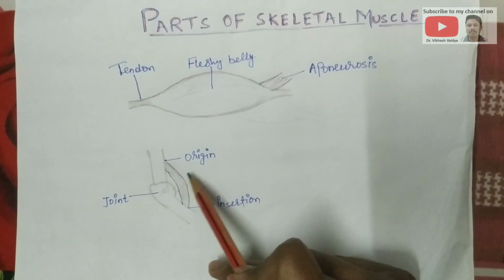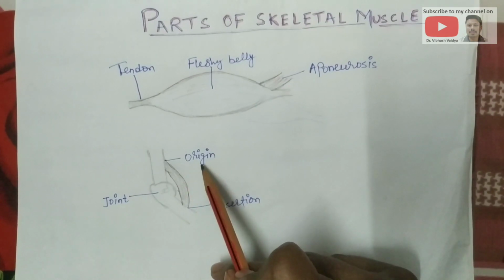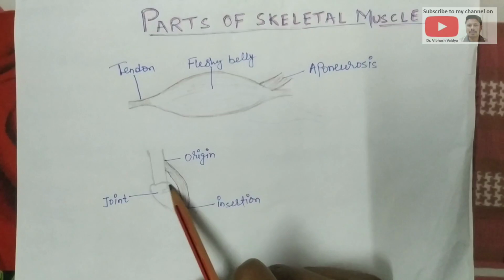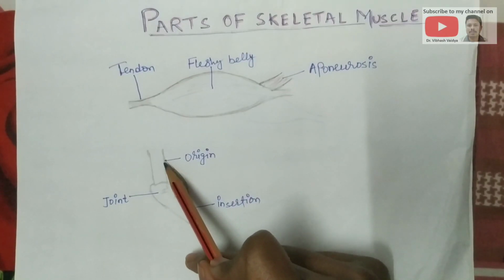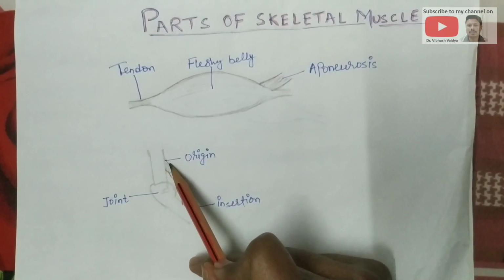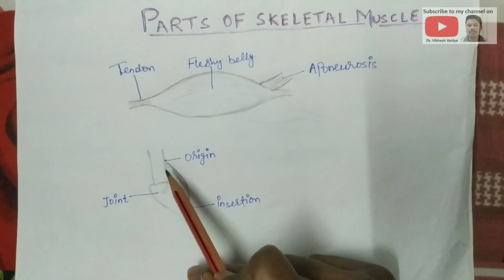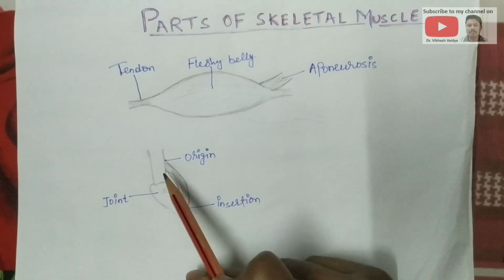So what is origin? Origin is the point which is attached proximal to the joint. Here you can appreciate this is a joint, and proximal to the joint, this point is called the origin. In other words, the origin is the point from where the muscle fibers start.